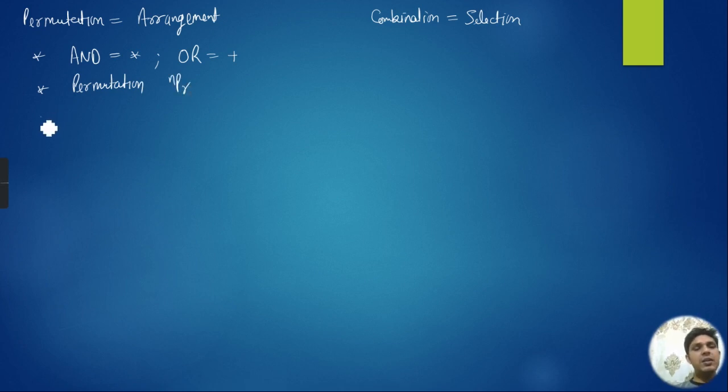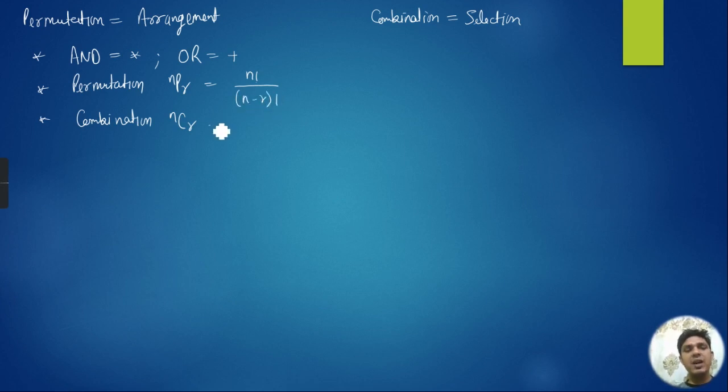right? And for selecting r things out of n things, we can use the combination formula, which is nCr, right? Whenever we apply nPr, the formula is n factorial divided by (n minus r) factorial.